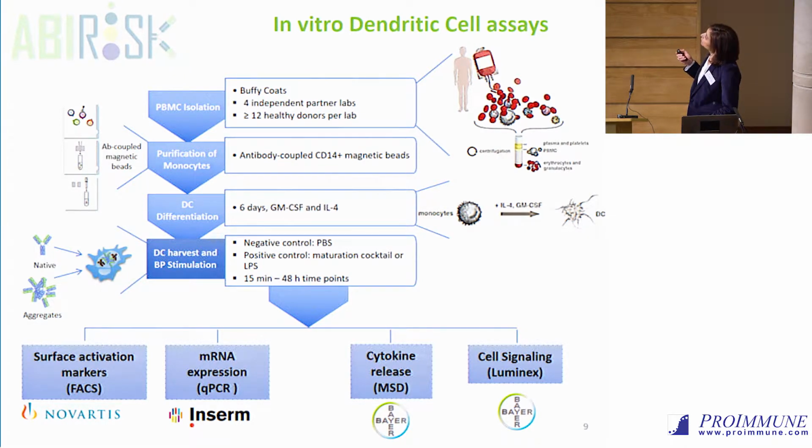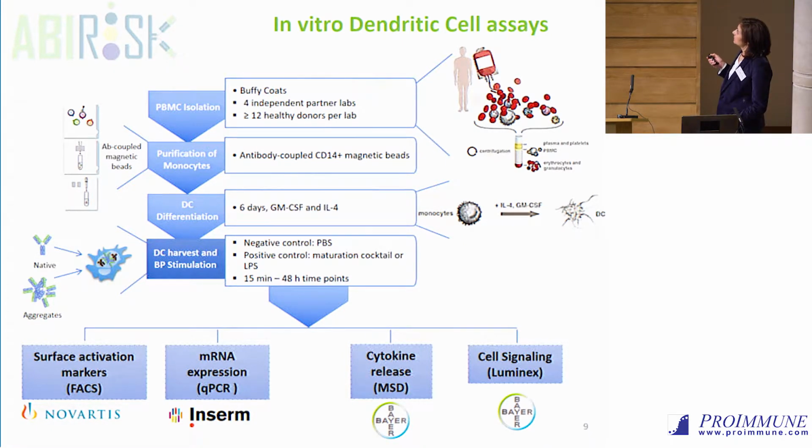The PBMC were isolated, and then the monocytes were purified using magnetic CD14 beads. And then monocytes were cultured in the presence of GM-CSF and IL-4, and that will give some immature dendritic cells.